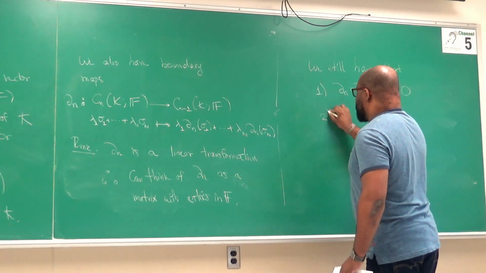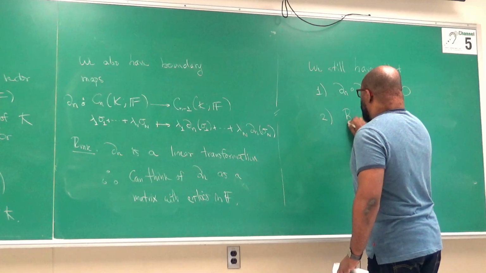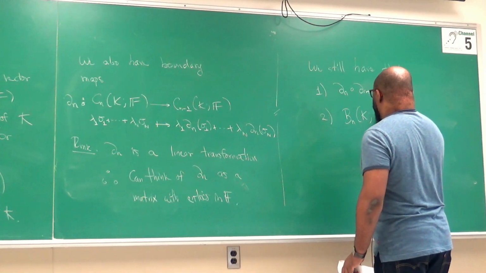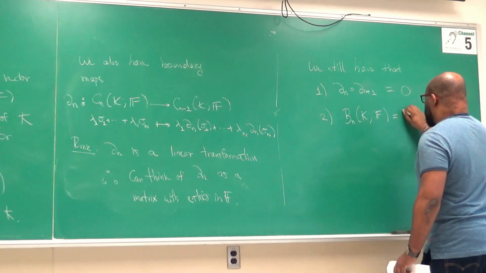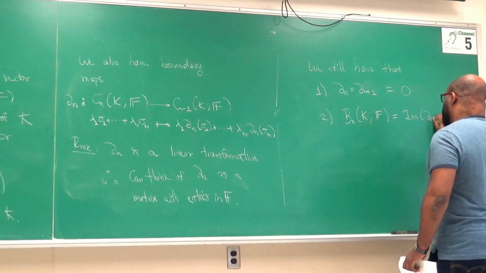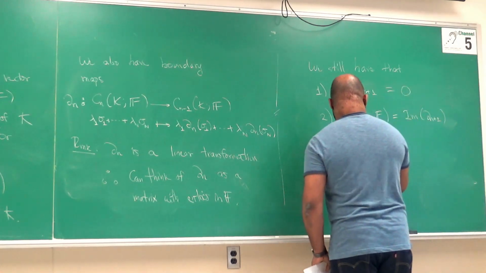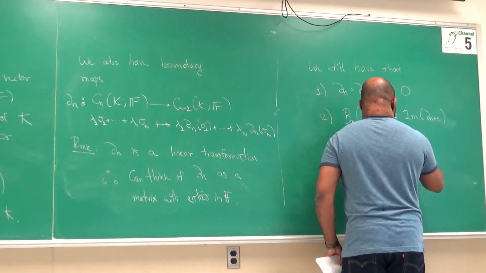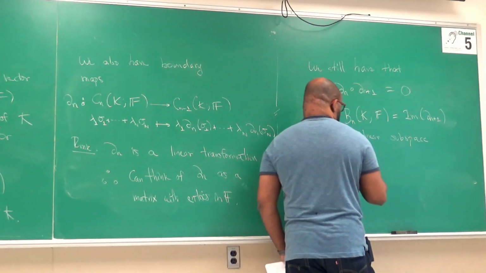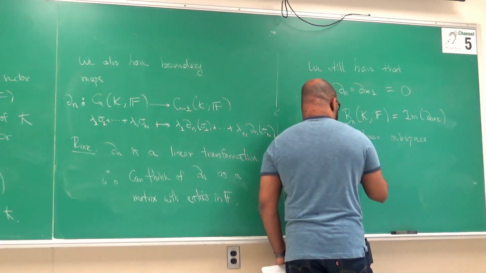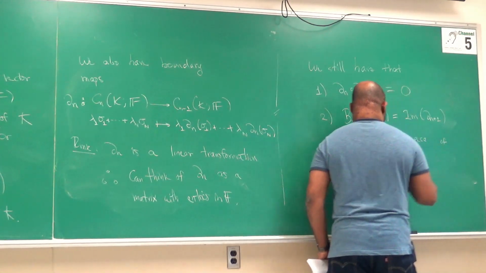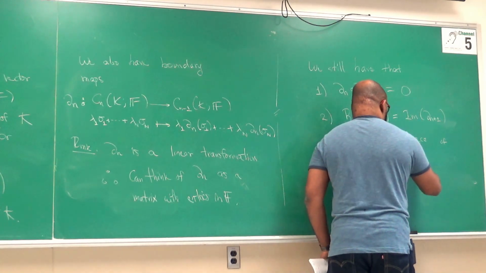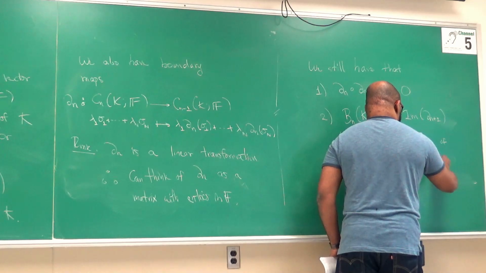This implies that the boundaries over F, which are the image of delta n plus 1, is a linear subspace of Zn over F, which is the kernel of delta n.